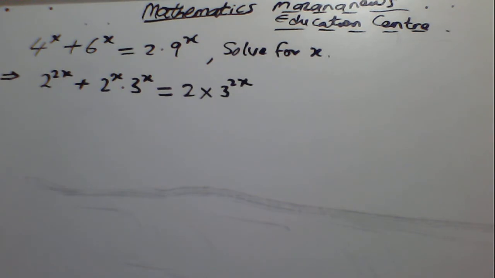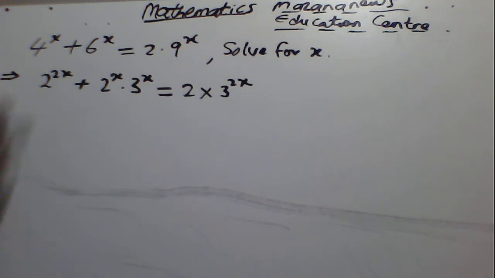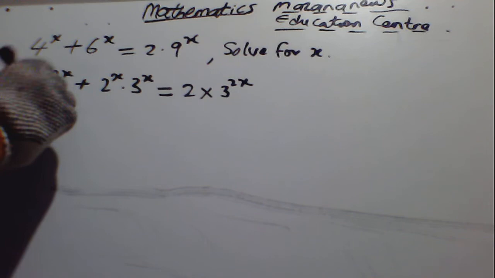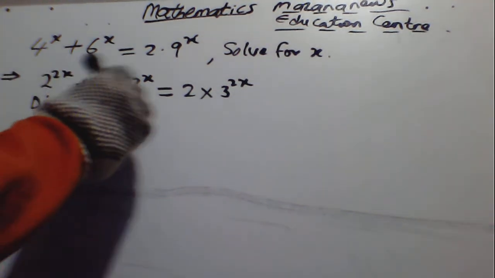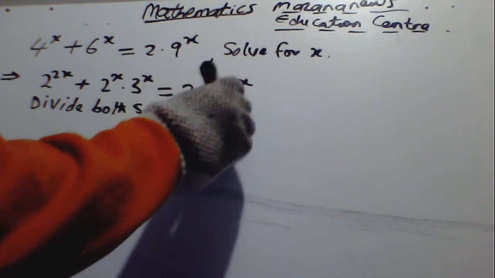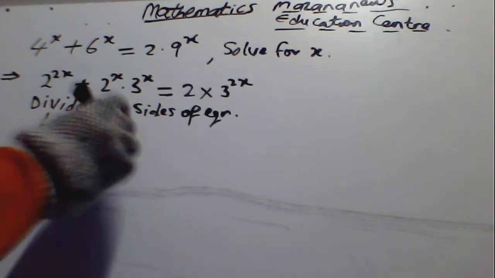The next is to divide both sides of the equation by 2 raised to power 2x.